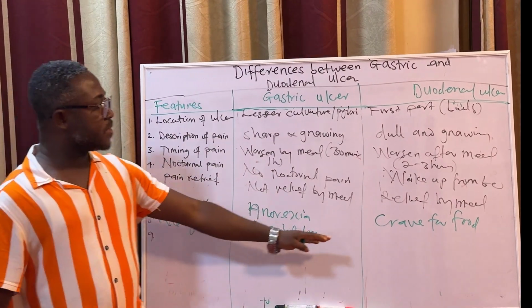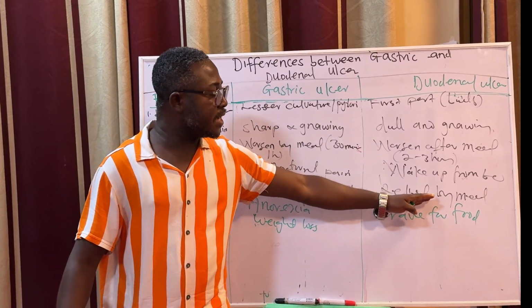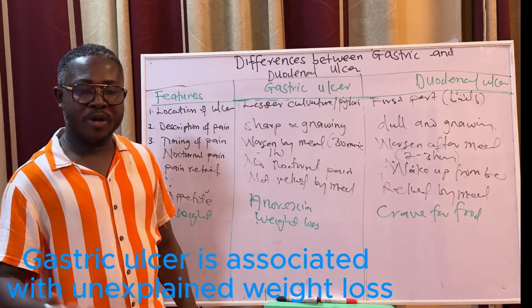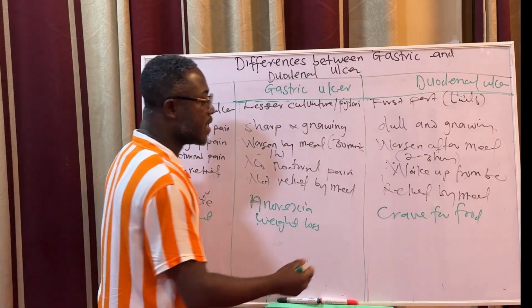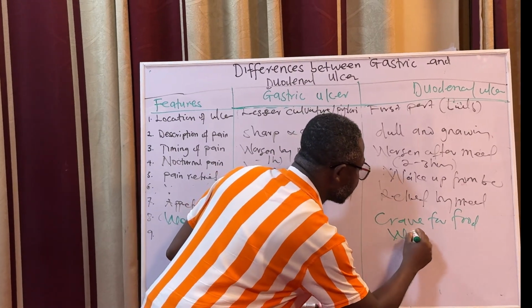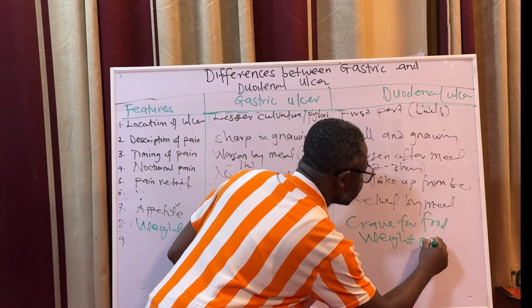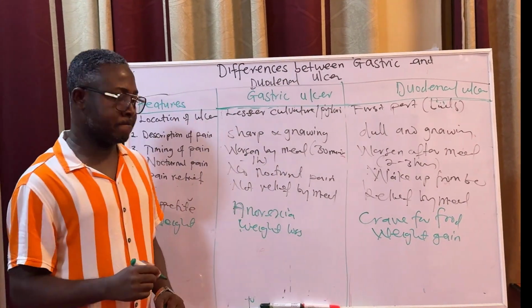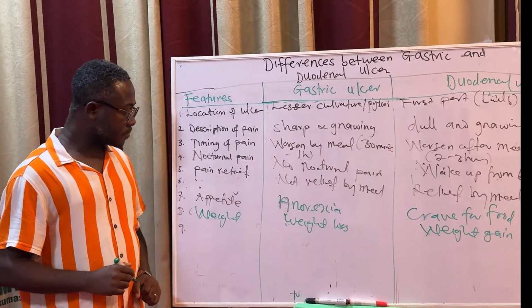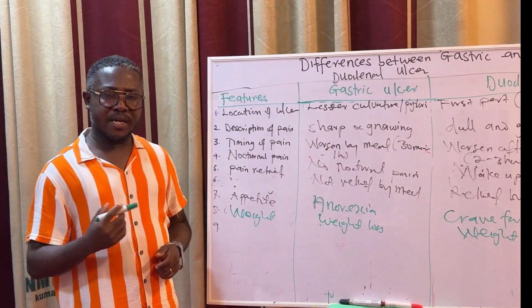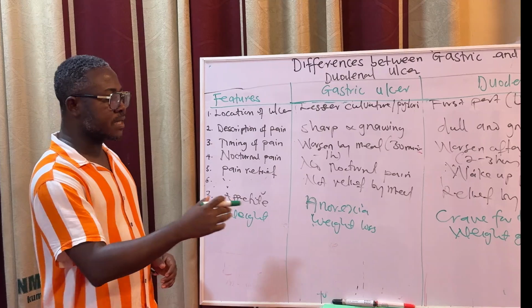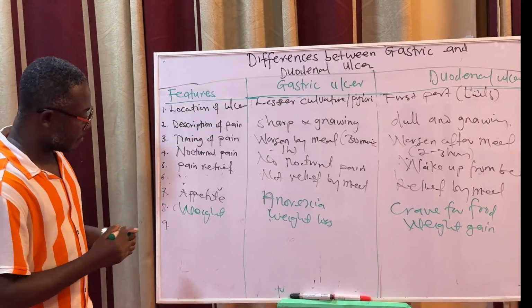And then since in duodenal ulcer the pain is always relieved by meal, they will always have the appetite to eat, and that will increase their weight. So here we have weight gain.